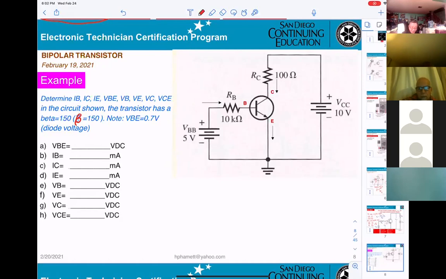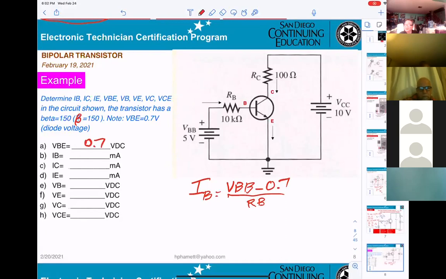I can tell you, you can use IB, the formula we just gave you. VBB minus 0.7, 0.75. Okay. 0.43 milliamps. The first one will be 0.7, right?